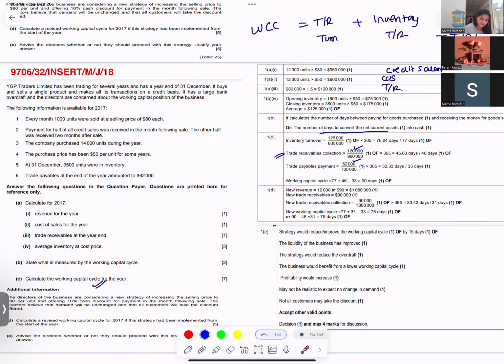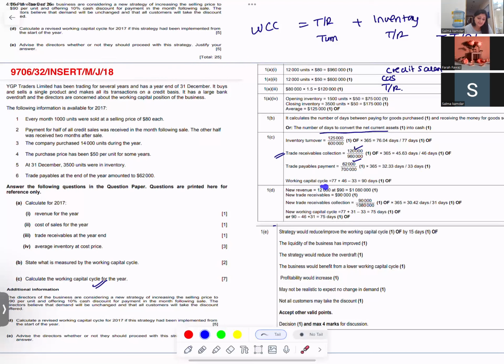Okay, so your average inventory is 125,000. Your cost of sales is 600,000, into 365, 77. Trade payables turnover ratio. Trade payables divided by credit purchases times 365. It would be the trade payables payment period. So you get 33 days.